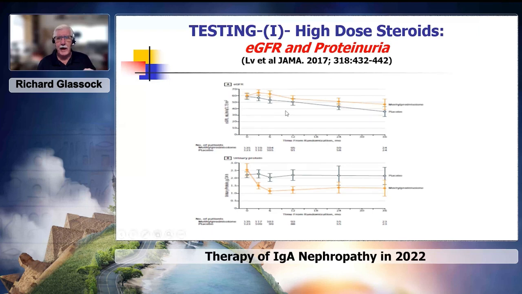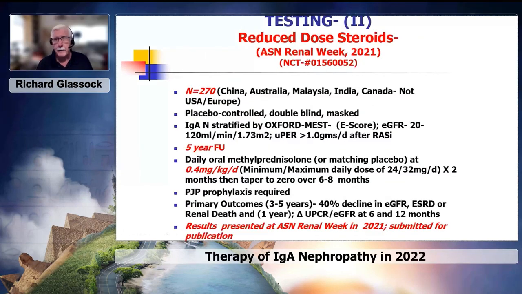The high dose trial did show a benefit in terms of proteinuria and a benefit in terms of GFR. GFR was better in the steroid treated group and proteinuria fell. So it was a positive study, but it couldn't be interpreted because of the premature closure due to the adverse events.